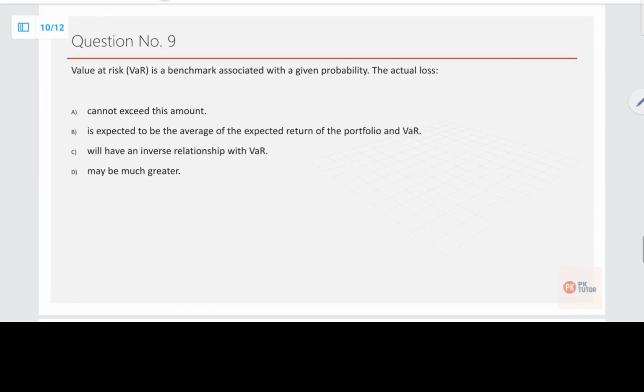Coming to question number 9. This is a theory question. VaR is a benchmark associated with given probability. The actual loss. See, what is VaR? This point is given VaR. This is loss. So the actual loss could be greater in the tail.